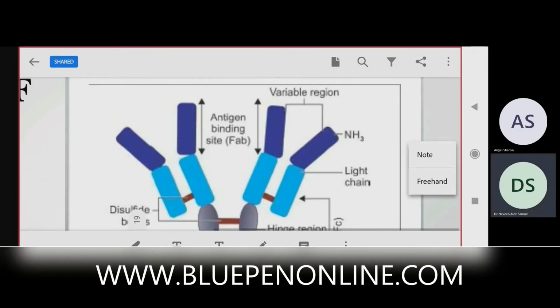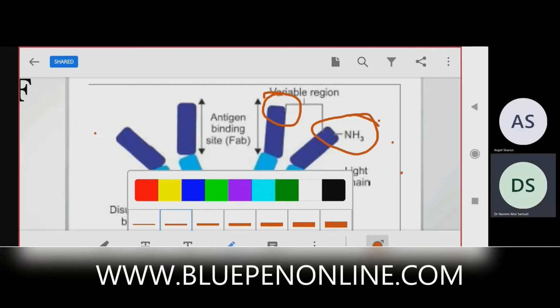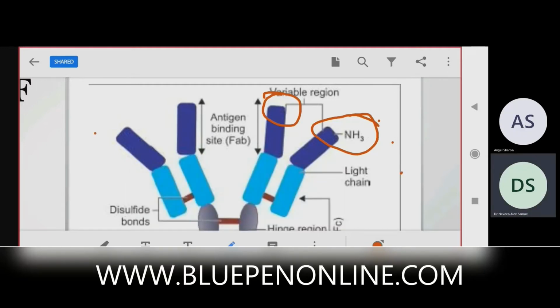This amino terminal NH3 is there, right? This one is the variable region, on the light chain and heavy chain. So this is VL, and this is the VH region.